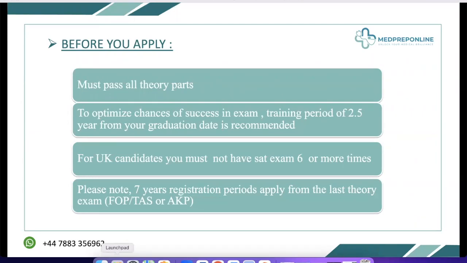To optimize your chances of success in the exam, a training period of 2.5 years from your graduation date is recommended by the Royal College. For UK candidates, you must not have sat the exam 6 or more times. If you have, you will have to contact the exam team and they will guide you further. For all applicants, please note that the 7-year registration period applies. This refers to the rule that you must pass your MRCPCH clinical exam within 7 years of passing your final theory exam. It can be either FOP, TAS, or AKP.